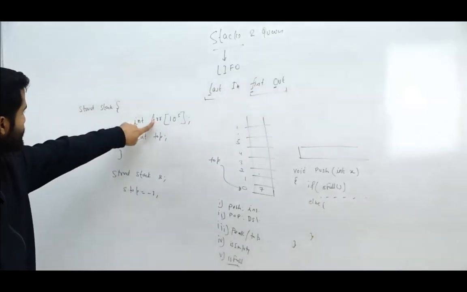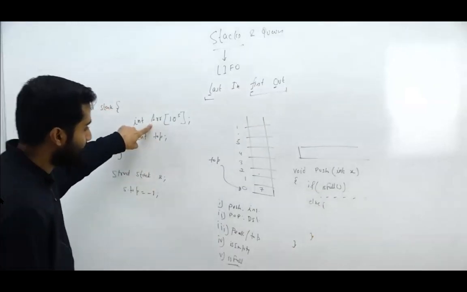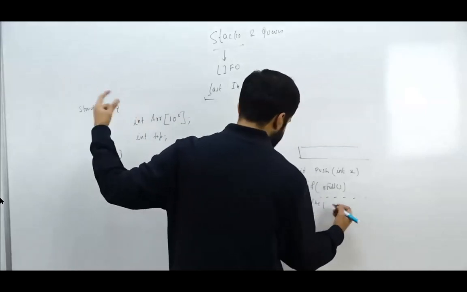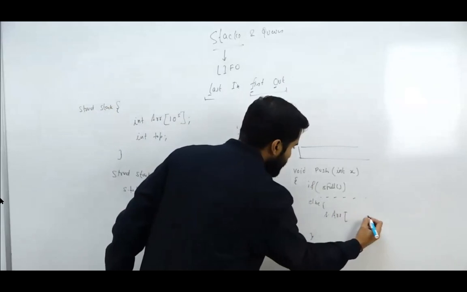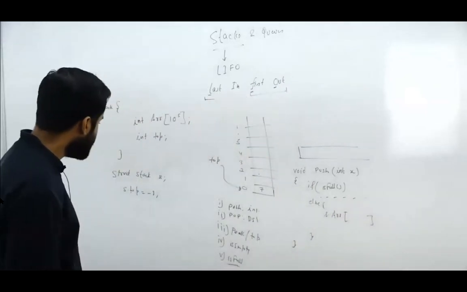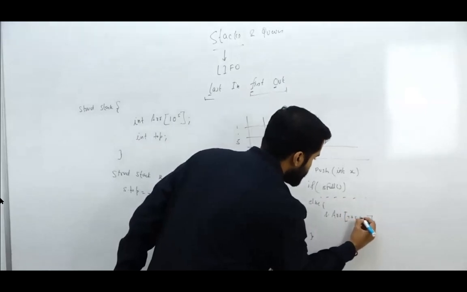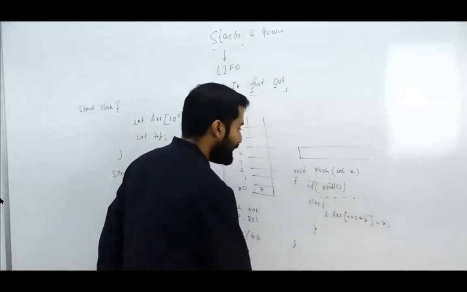This array is present within this structure, so I have to use the dot operator to access it. So you can do s.array. And now you also need to increase your top. So I can do s.array[++s.top] = x. That's it. This one-liner will get your job done.